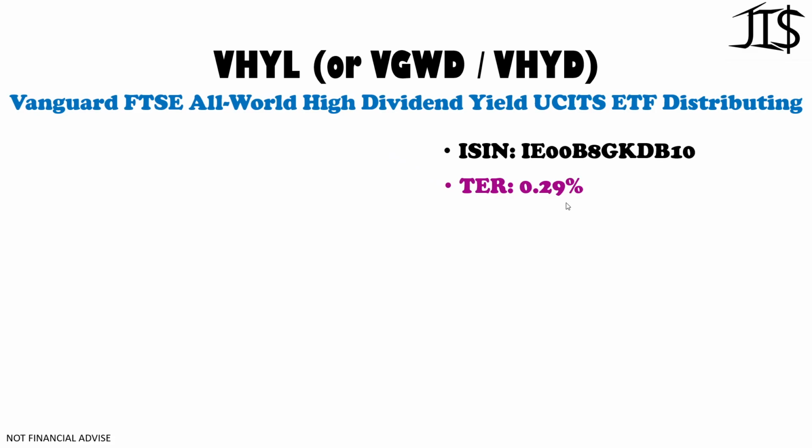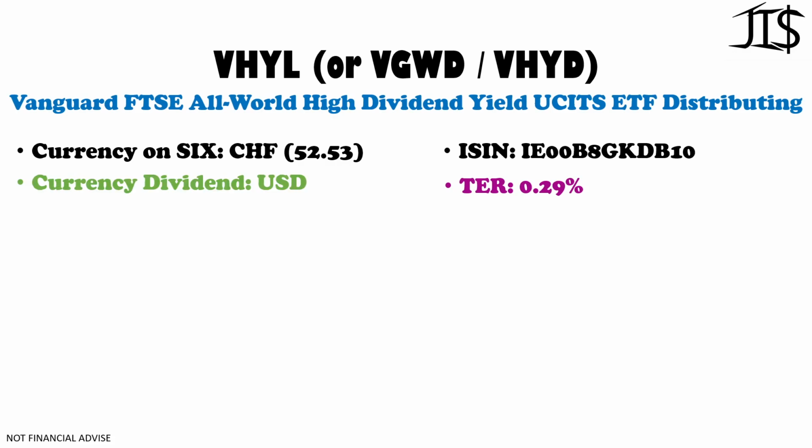I think they just wanted to go below the UBS one, because why not give it 0.25%? But okay, it's one of the lowest ones that we will see in this video. It has one of the highest prices as well. So it's 52.53 Swiss francs right now. And it pays out a dividend in US dollar as well.